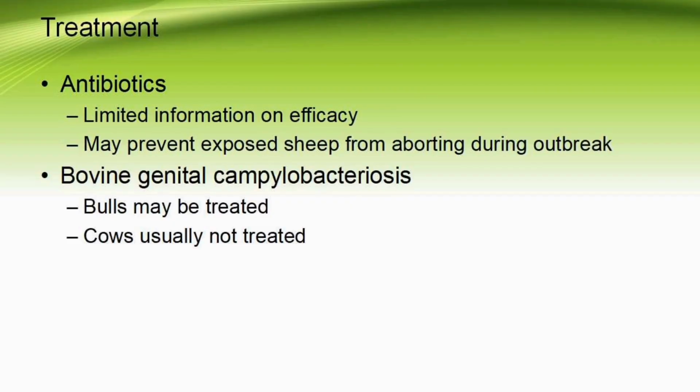Antibiotics may be useful for some cases of enteritis. However, the information on efficacy is limited. Antibiotics may also prevent exposed sheep from aborting during an outbreak. Bulls with bovine genital campylobacteriosis are sometimes treated. Cows usually are not, due to practical considerations.